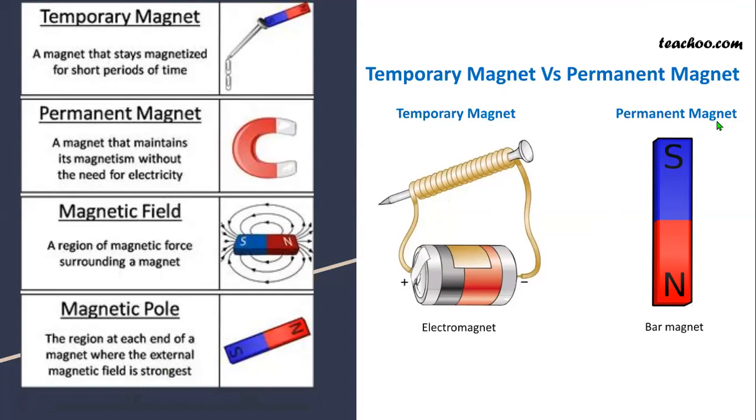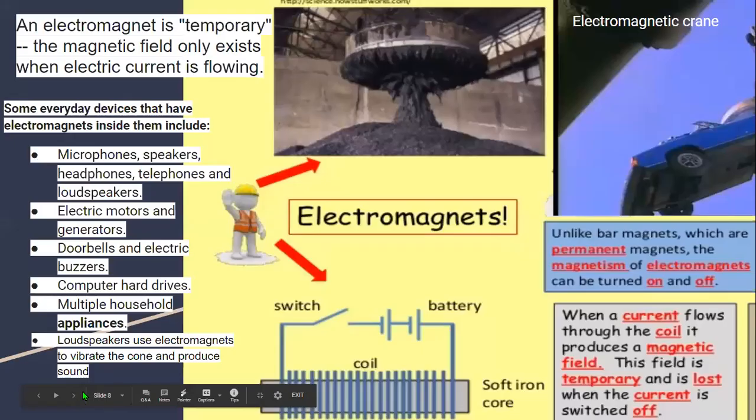Now here with the permanent magnet, it's like the refrigerator magnet. It has a magnetic field in place and it doesn't need electricity to be magnetic.